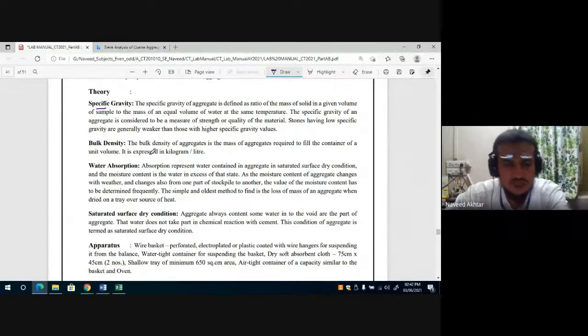It is the ratio of the mass of solid in a given volume of sample to the mass of an equal volume of water at the same temperature. The specific gravity of an aggregate is considered a measure of the strength or quality of the material. Stone having low specific gravity is generally weaker than those with higher specific gravity.